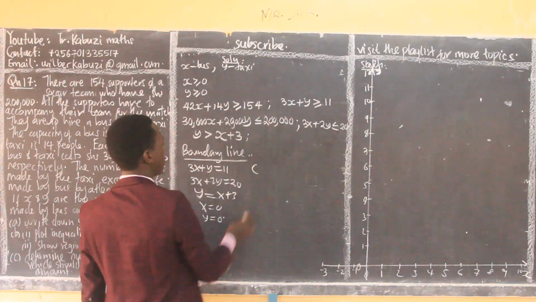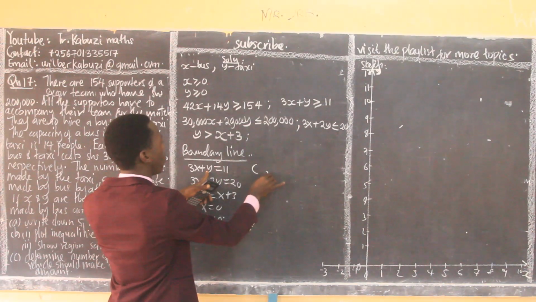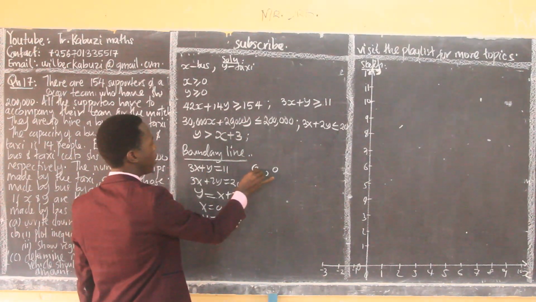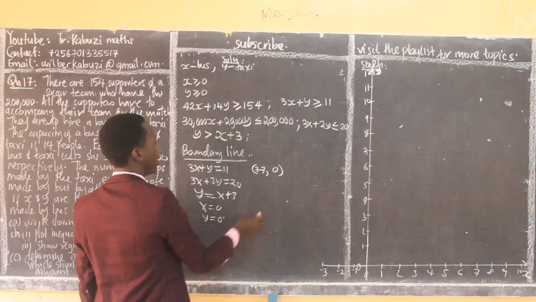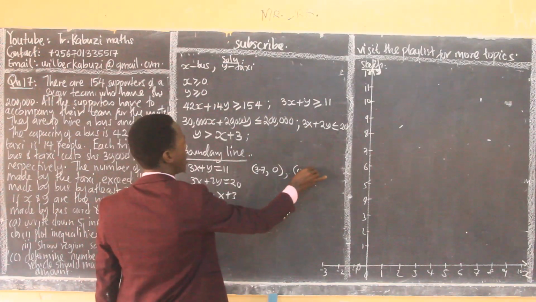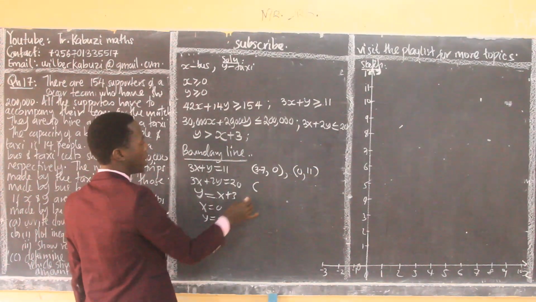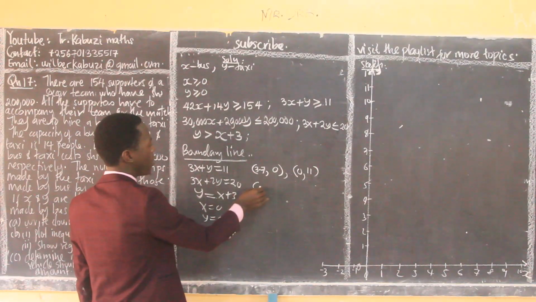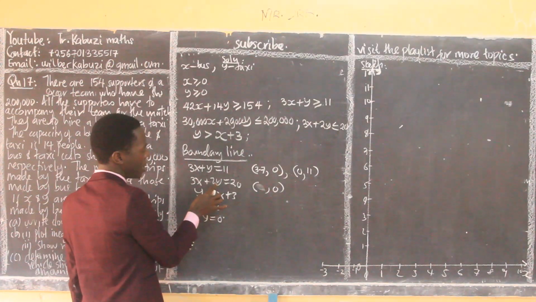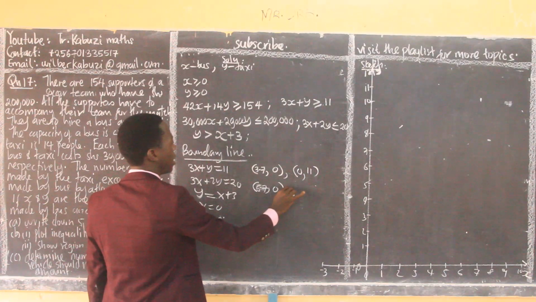Now you also get the intercepts. When Y is 0, you divide here by 3, you get, I think, 3.7. Then when X is 0, Y is 11. Those are the intercepts, so I'm getting the intercepts on each line. Here, when Y is 0, X is going to be, I think, 6.7.